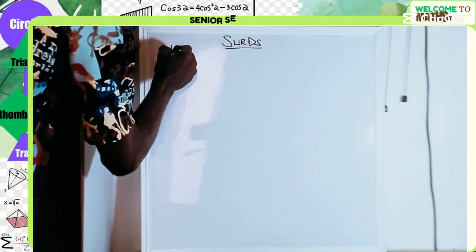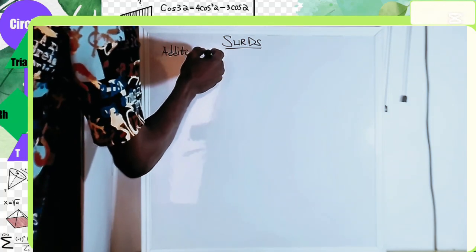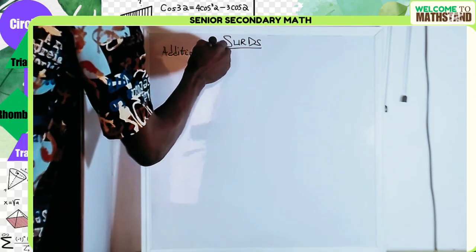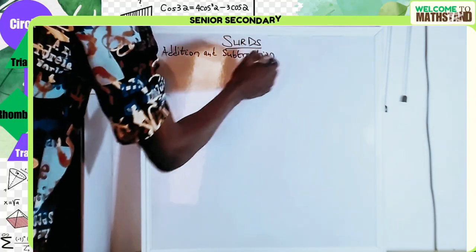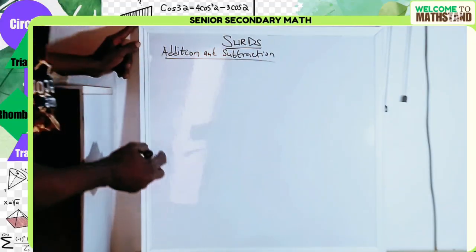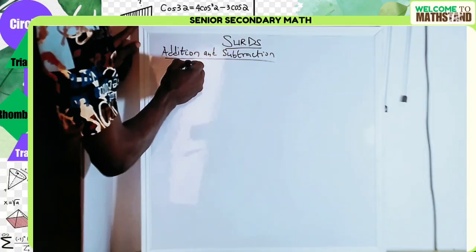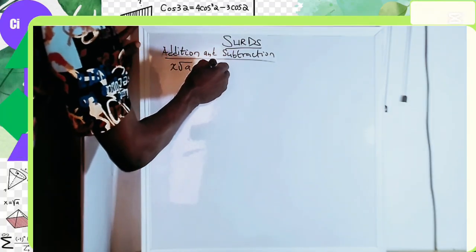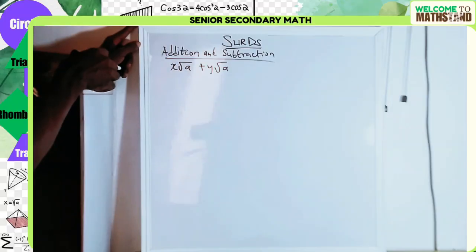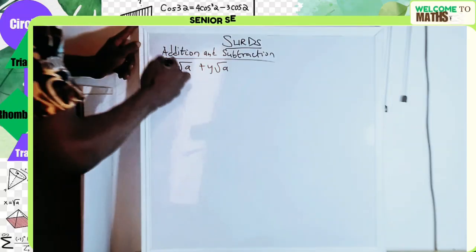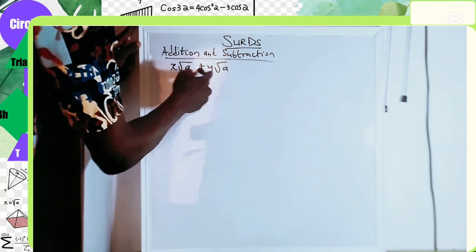Let's look at addition and subtraction first. How can we express addition and subtraction of surds? Assuming we have x√a plus y√a, you can see that the surds here are the same, that's √a and √a.